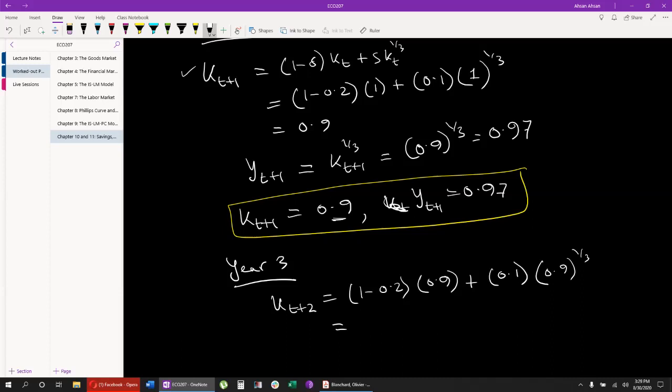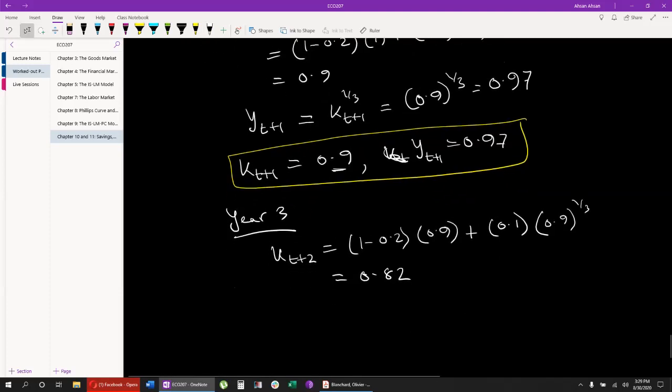Calculator again. Plus three. That gives me 0.82. Okay. Output this year is equal to, plus 2.